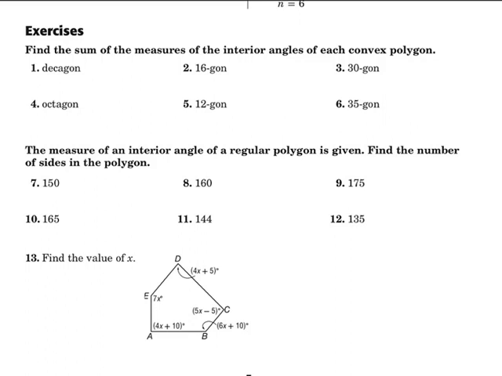So let's start with number 4 because it looks cool. Okay, octagon. Octa is 8. So I'm going to do the sum of the measures of the interior angles.